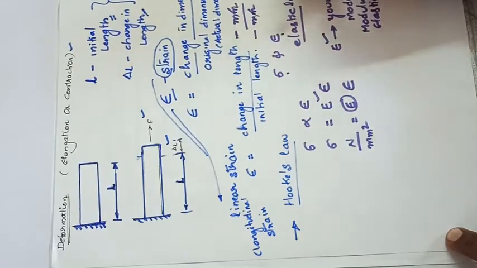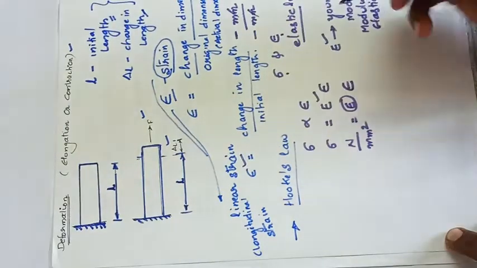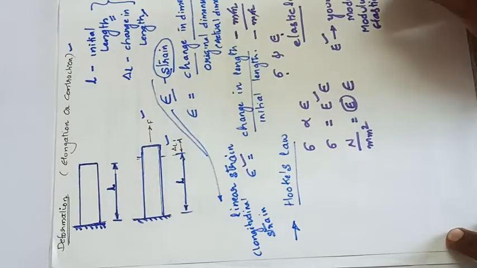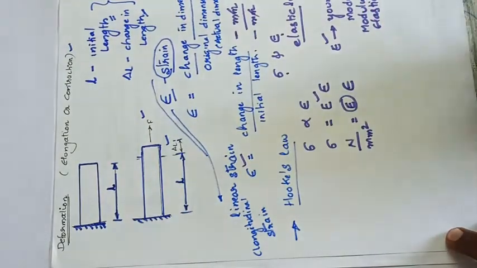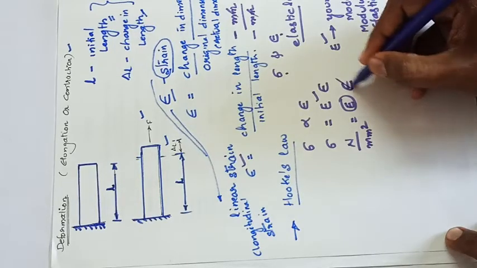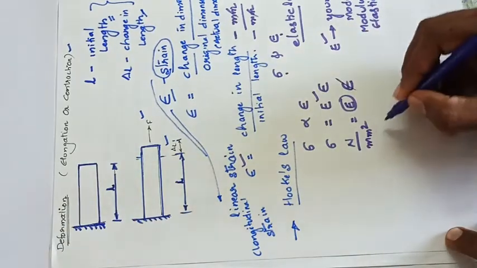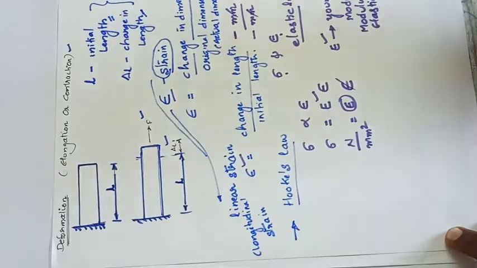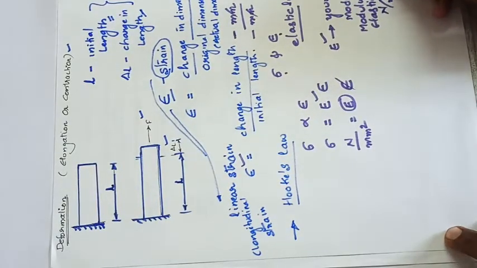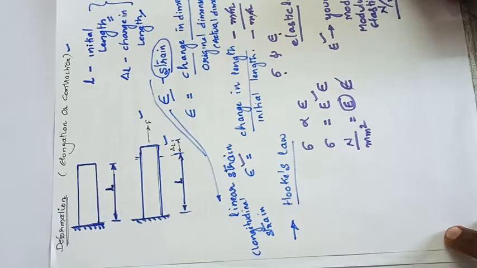There is no unit for epsilon; it is a dimensionless parameter. So definitely E, that is Young's modulus, has the unit of Newton per mm square.